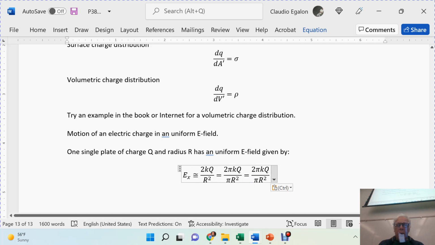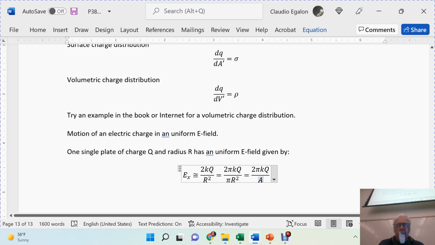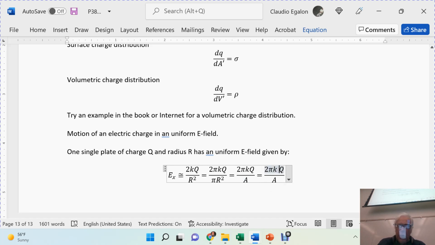Okay, well, pi r squared is going to be what? It's going to be the area of the plate. Okay, and q divided by A has a name. Q divided by A is the surface charge density. It's like that. This surface charge density, sigma.